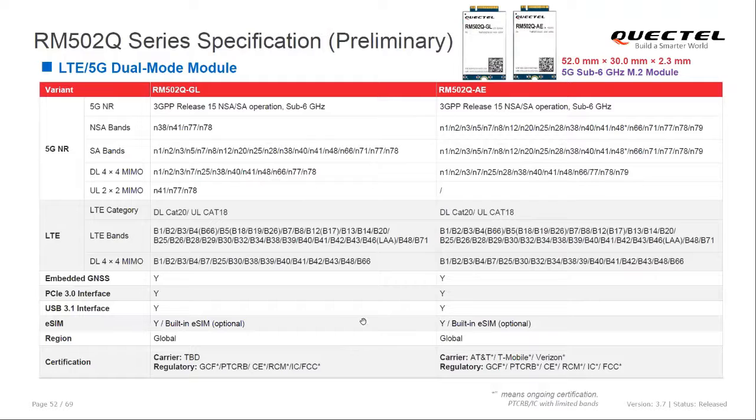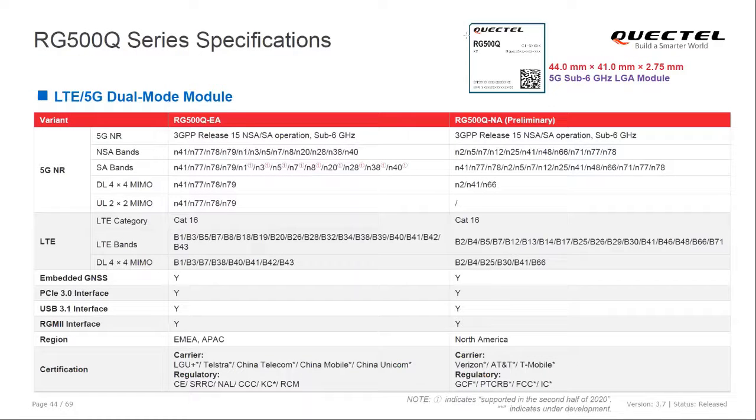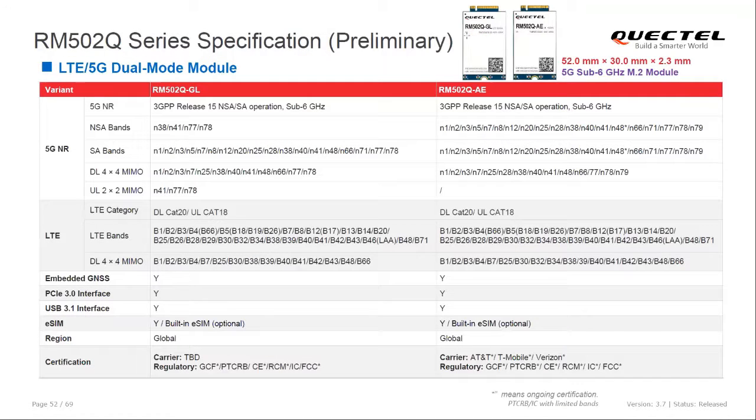The next version, the 502, are actually RM. The previous were RG modules. Those are already in M.2 format, so they're called RM. They basically support similar frequencies, with a higher category. Previous was Cat 16, this is Cat 18. It's also possible to have a built-in eSIM.